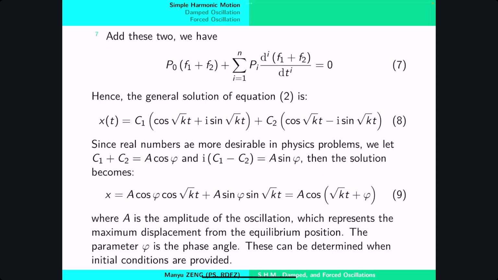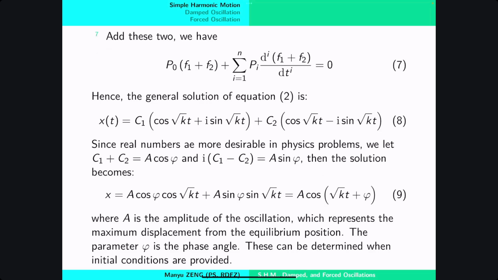For example, I don't just provide that the acceleration is proportional to and in the opposite direction of the displacement. I also provide, initially at t equal to 0, for example, that the object is released from rest at one amplitude, and that will be the amplitude of the oscillation.